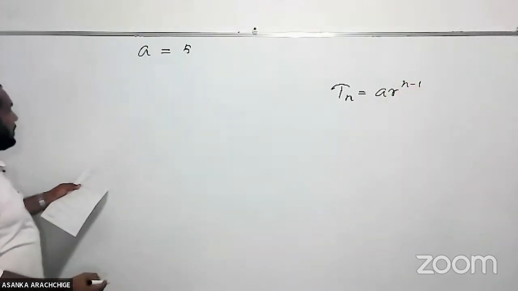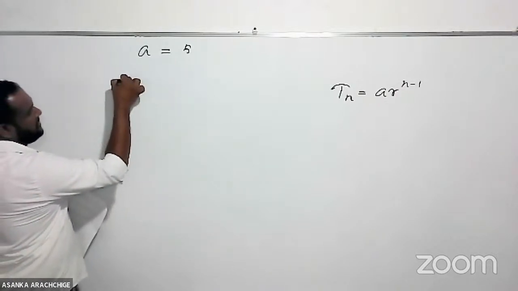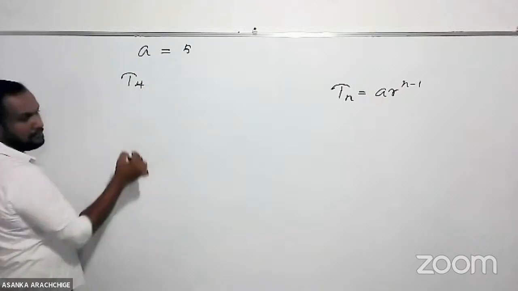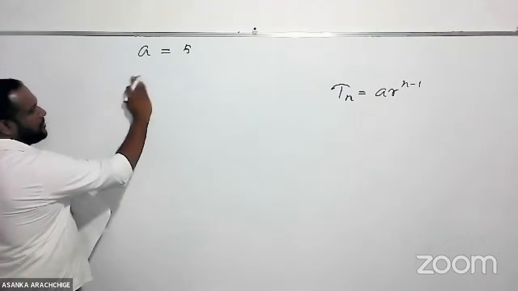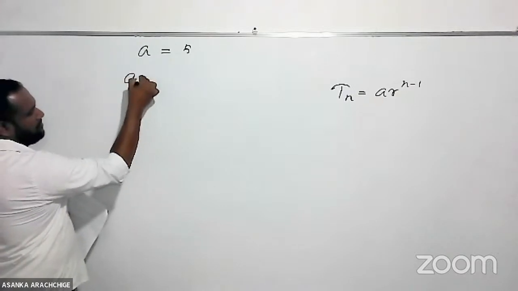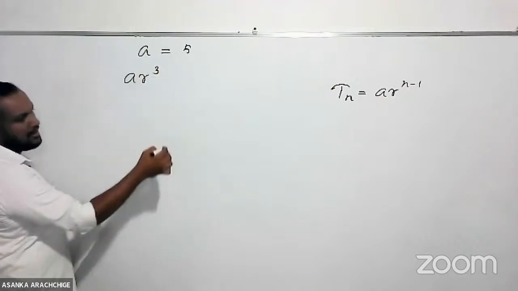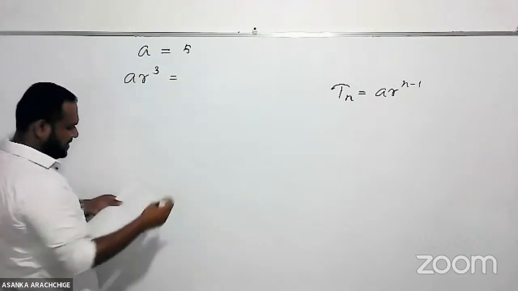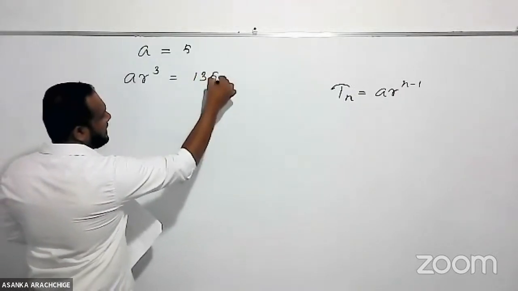The fourth term means T4, which is A times R to the power 4 minus 1. That means R cubed times A must be 135. Is that clear?